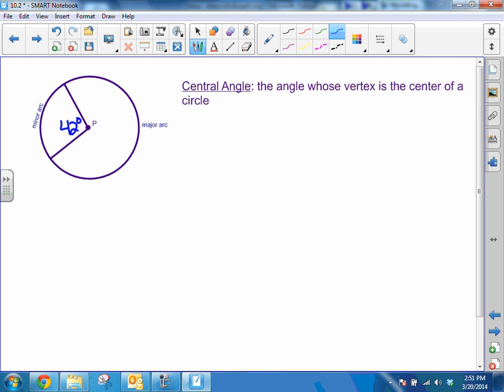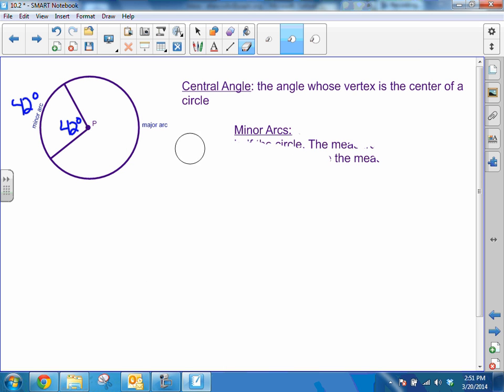How is the minor arc formed? From the what? From the central angle, right? And what's the degree of the central angle? 42. So the minor arc has a degree of 42 because that's how it's formed.